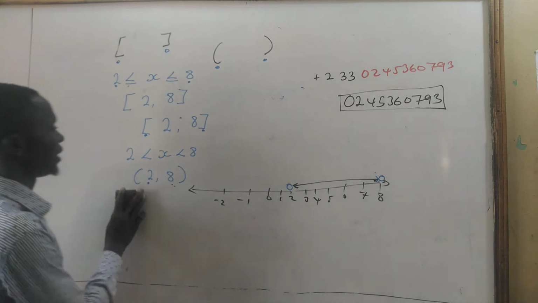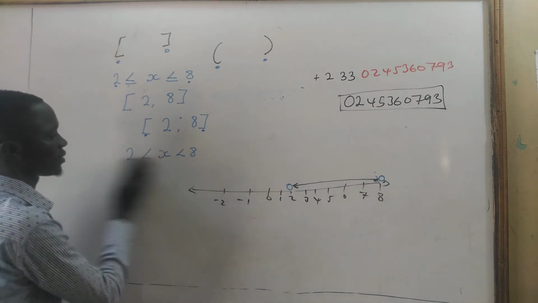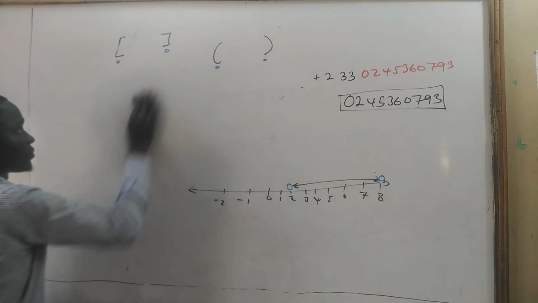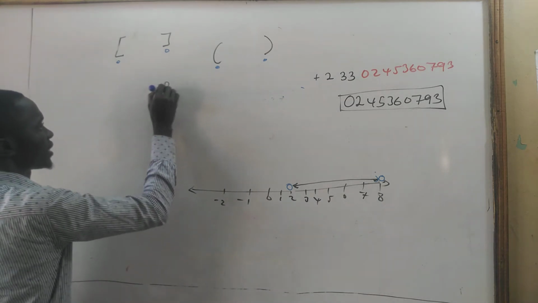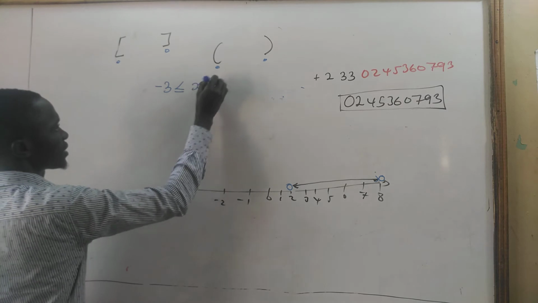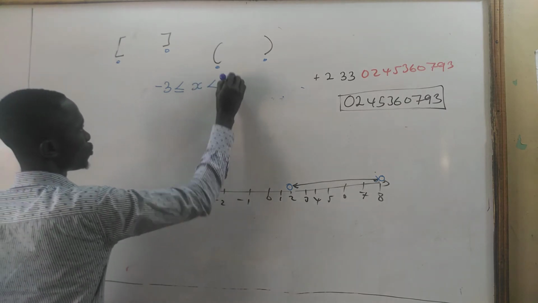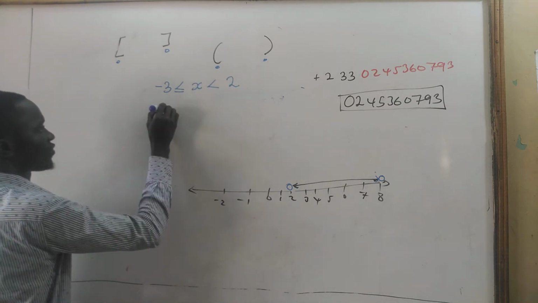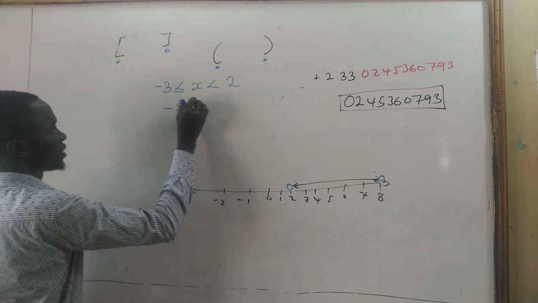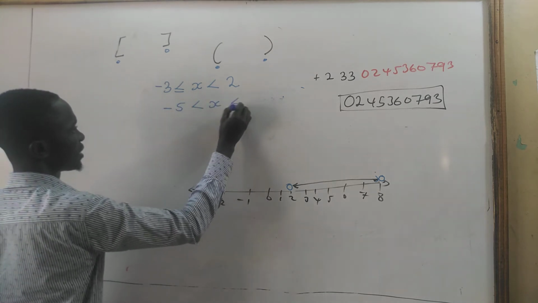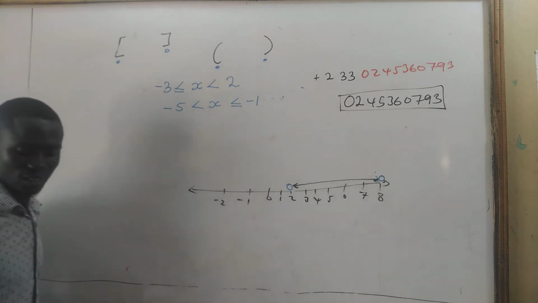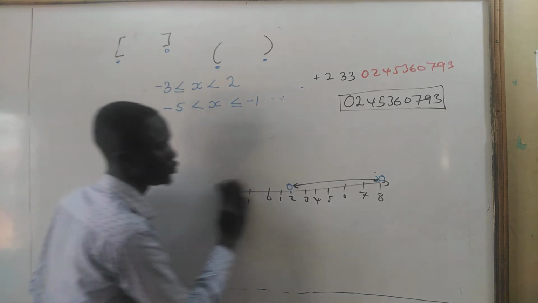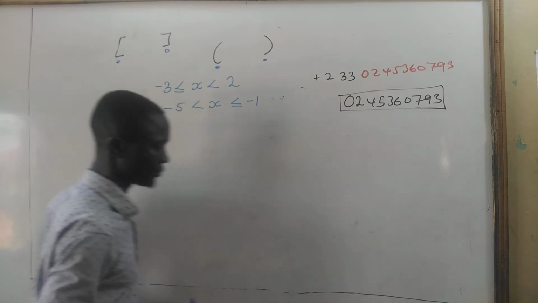Now, let us move to this one. What if I have minus 3 less than or equal to x less than 2, and then I have, let's say, minus 5 less than x less than or equal to negative 1? How do we write this using interval notation?